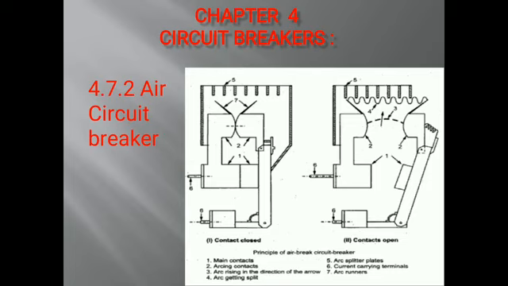Whenever arc leaves the contact, it passes through the arc runner with the help of blowout coils, which provide a magnetic field due to which it experiences a force as given by electromagnetic theory. This force will assist in moving the arc upward.